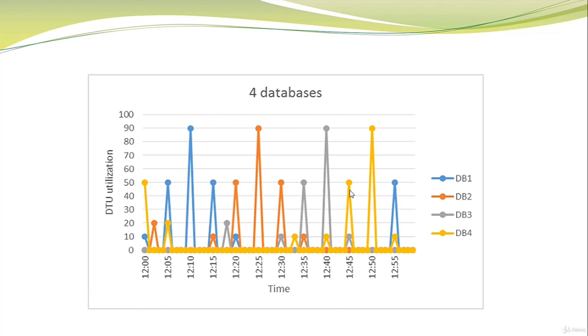Each database in the pool is capable of using a few or lots of the entire pool's performance capacity. If a single database needs a burst in performance, it can do so within the constraints of the pool. This would impact other databases in the same pool, but has no impact on any database outside the pool.